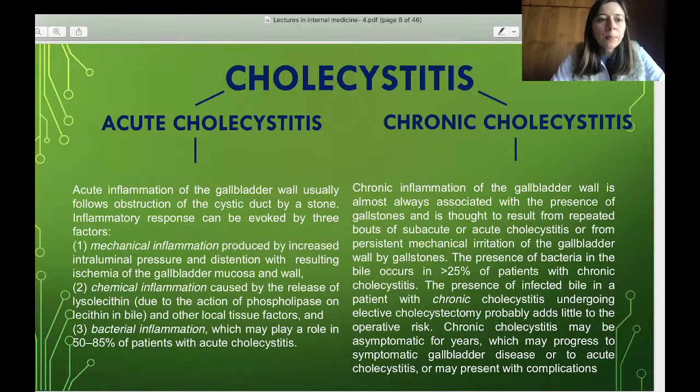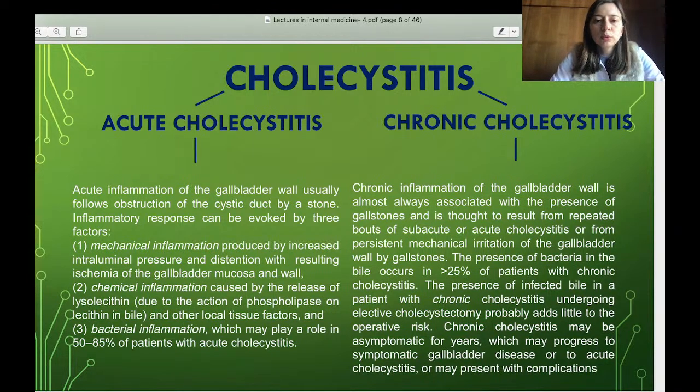Second factor, chemical inflammation caused by the release of lysolecithin and other local tissue factors. And third factor, bacterial inflammation, which may play a role in 50–85% of patients with acute cholecystitis.